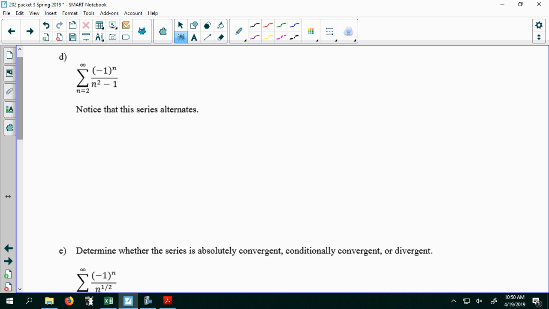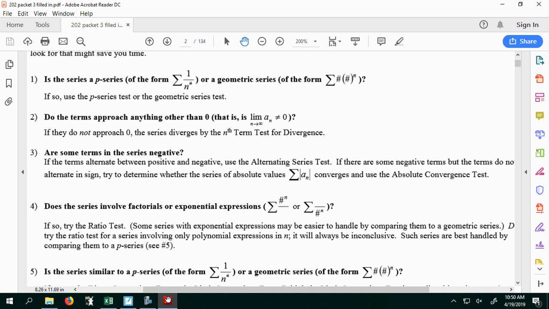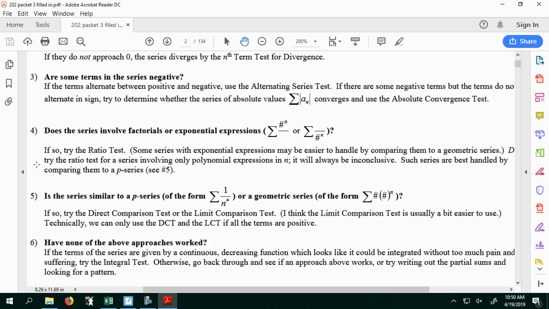Okay, so for D, we want to notice that this series alternates. So let's look at our list here. There is a question that says, are some terms in the series negative? If the terms alternate between positive and negative, we can use the alternating series test. We could also determine by using the absolute convergence test. Look at the absolute value.